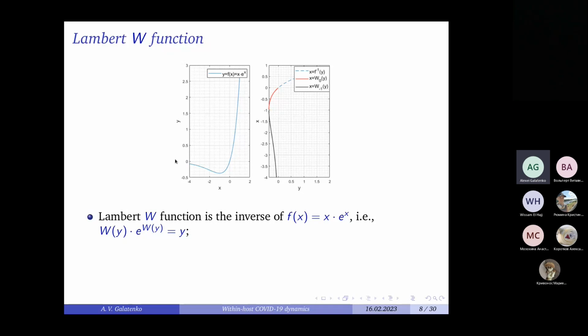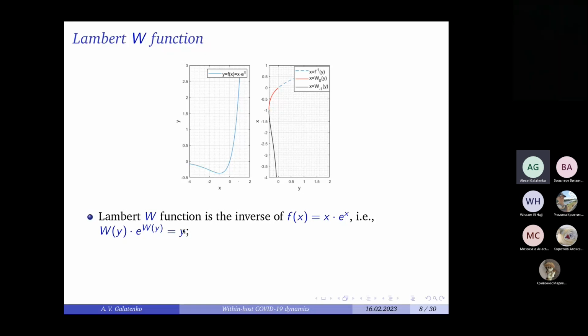In order to formulate our results, we will need Lambert's W function. It is defined in the following way. Assume that we have a function f of x equal to x times exponent of x. The left figure is the graph of this function. Lambert's function is the inverse of f.